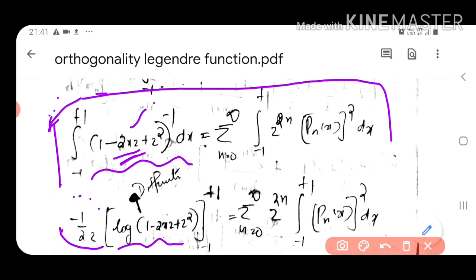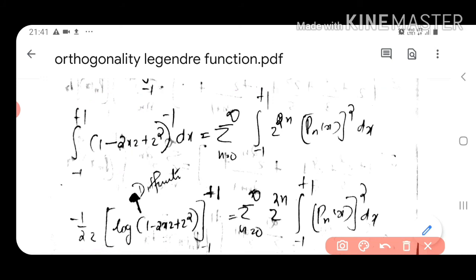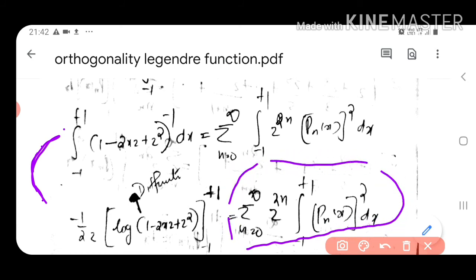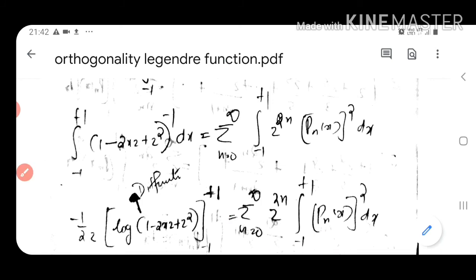So this is the integral of this part. And here we have the sum over n equals 0 to infinity of z raised to 2n times the integral from minus 1 to plus 1 of Pn(x) square dx.